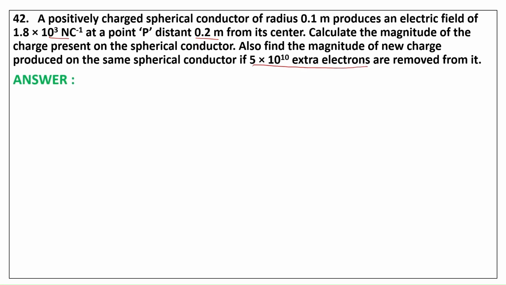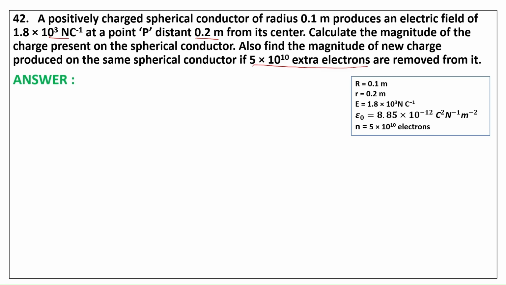Answer. Here, given is radius of spherical conductor, R is equal to 0.1 meter. Distance of point P from center, small r is equal to 0.2 meter. Electric field at P, E is equal to 1.8 into 10 to the power 3 Newton per coulomb. Permittivity of free space, epsilon naught is equal to 8.85 into 10 to the power minus 12 coulomb square per Newton per square meter.